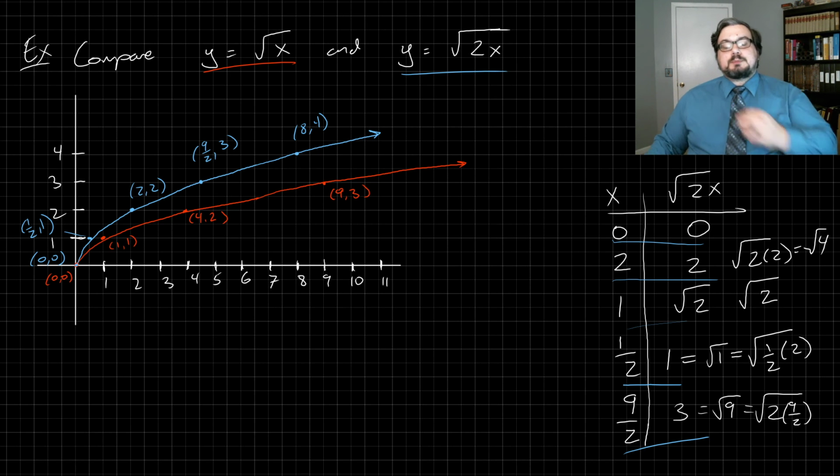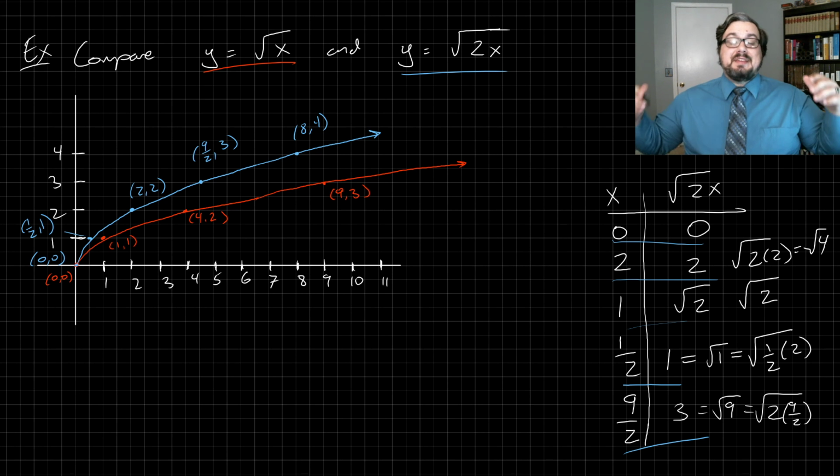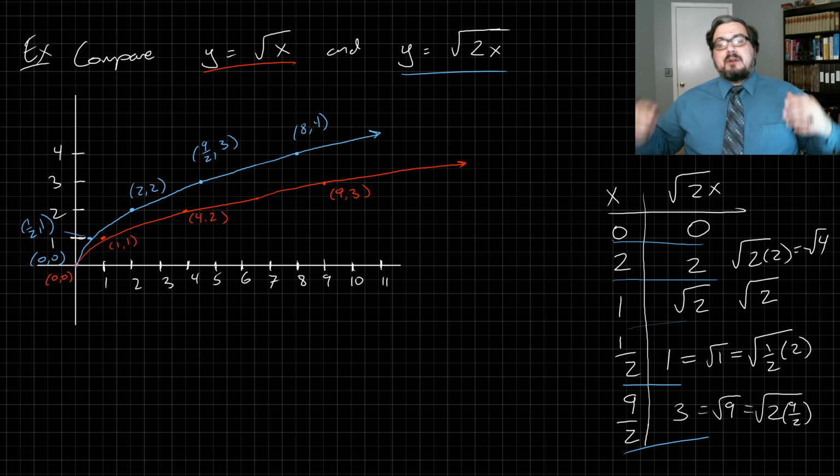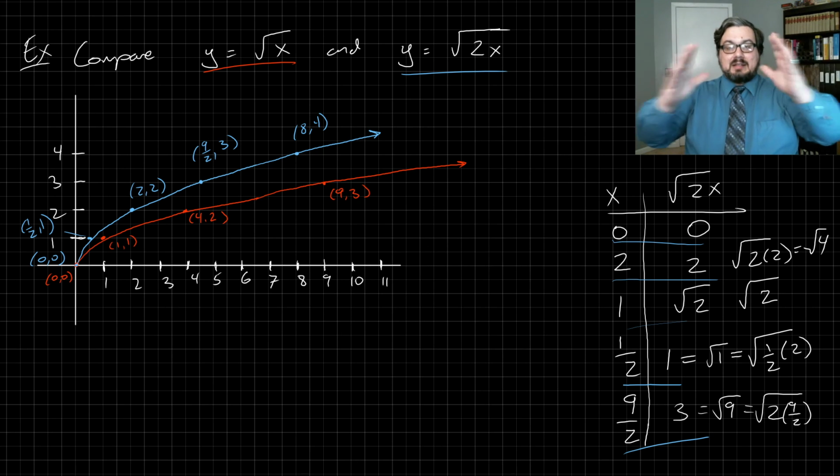Now, the red graph and the blue graph compare in a couple of different ways, but we know that when we are affecting the inside of the function, when we're affecting the x before the function like square root of x happens, we want to consider what's happening horizontally.